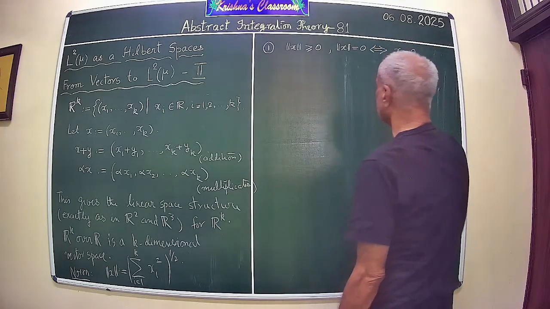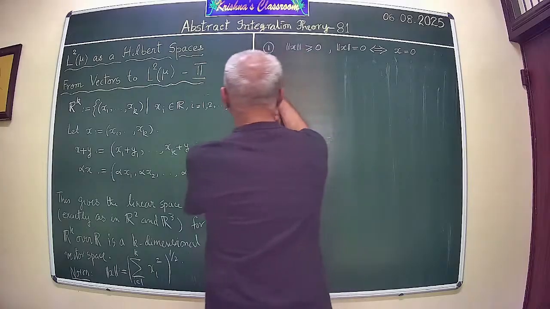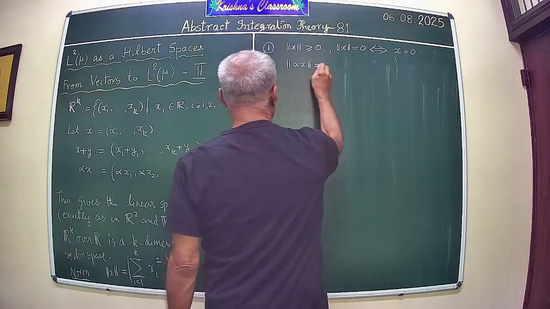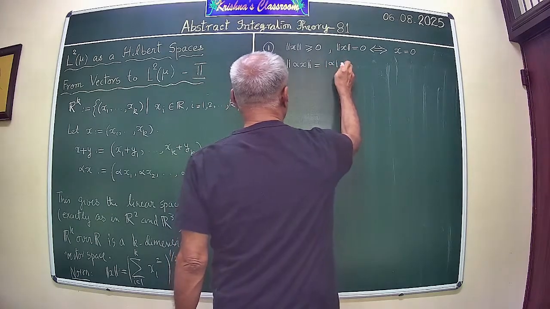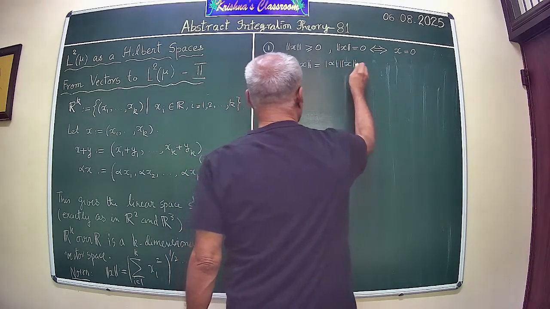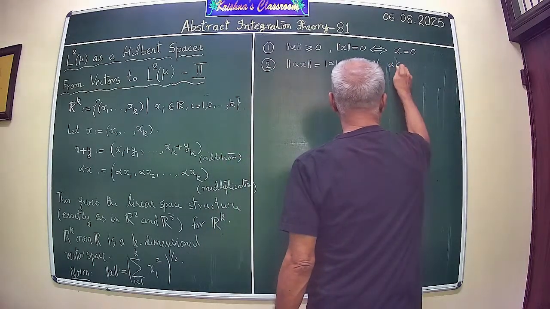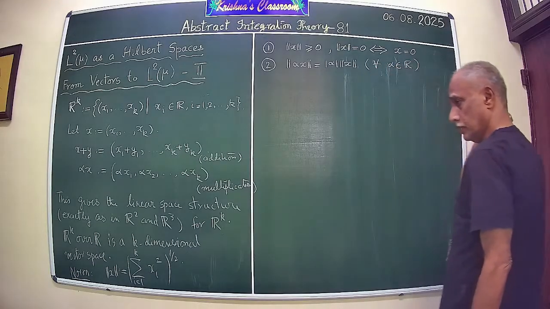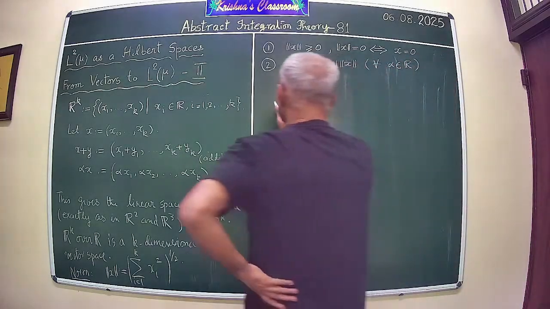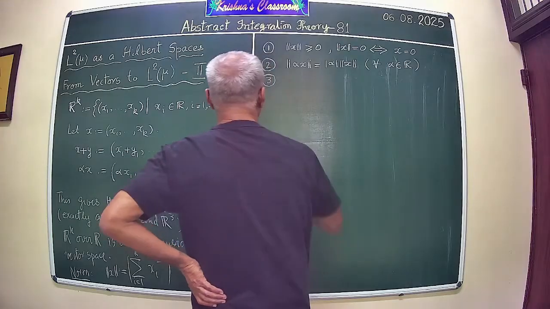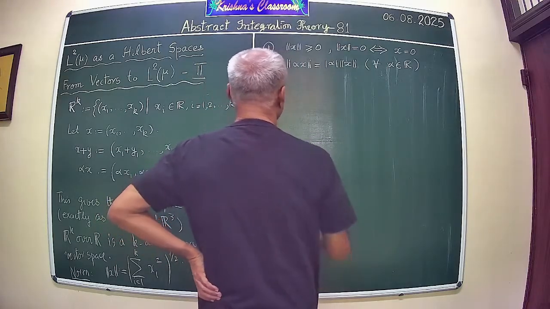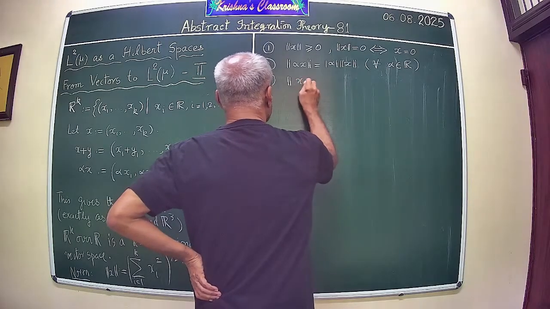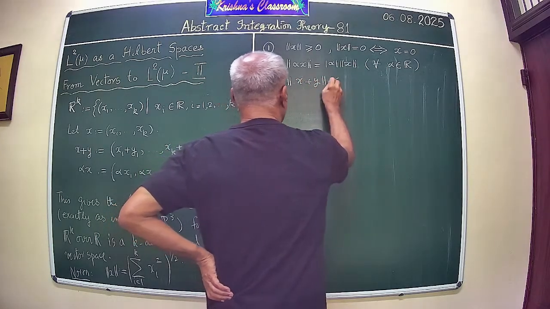One: the norm of x is greater than or equal to zero, and zero only if x is zero. Two: norm of alpha x equals the modulus of alpha times norm of x, this includes both positive and negative alpha. Third property is the triangular inequality.